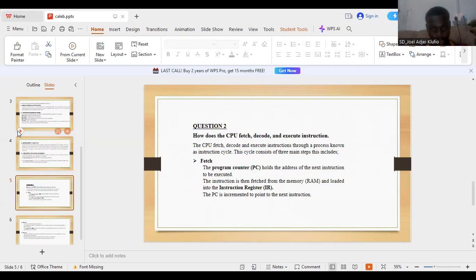The program counter holds the address of the next instruction to be executed. The instruction is then fetched from memory, RAM, or the registers and loaded into the instruction register. The PC, the program counter, is then updated to point to the next instruction.